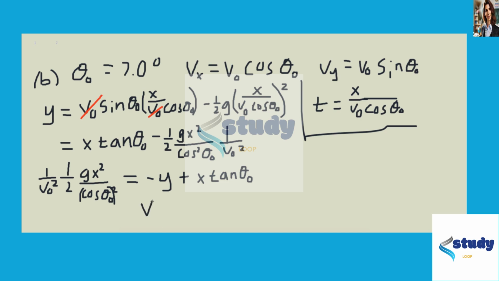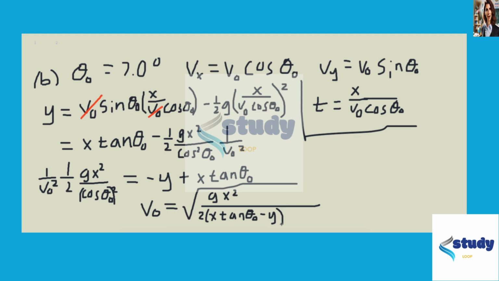So we're going to end up with v naught equal to the square root of g x squared divided by 2 times x tangent theta naught, minus y, and then you multiply all of that by cosine squared theta naught.